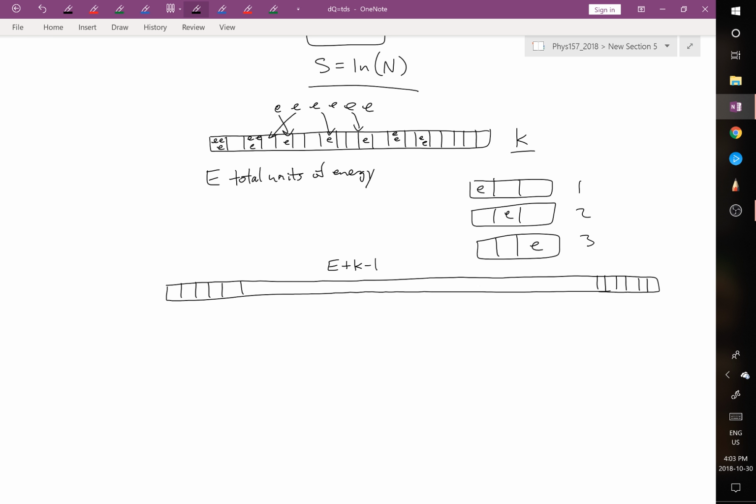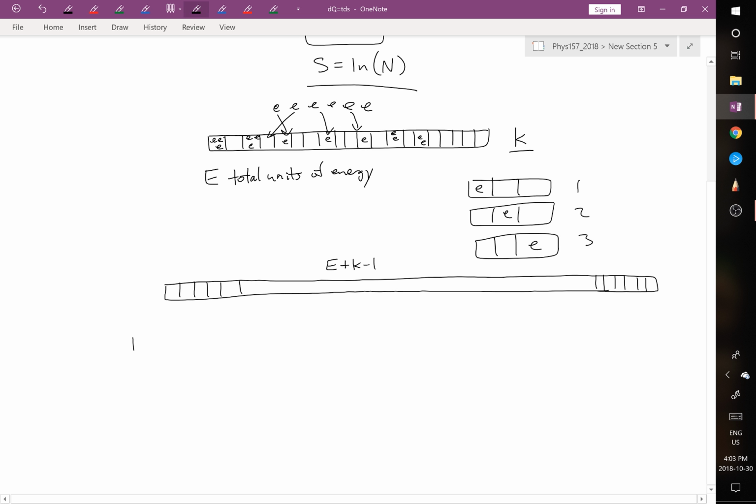And the number of configurations with E units of energy in K boxes turns out to be equal to this choose object. It's the number of ways to choose K minus 1 things from E plus K minus 1 things.